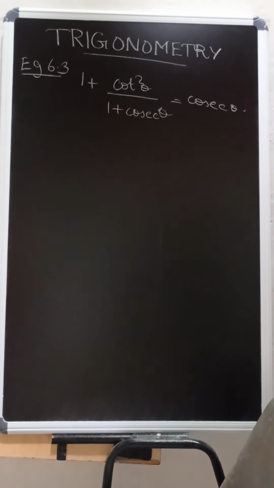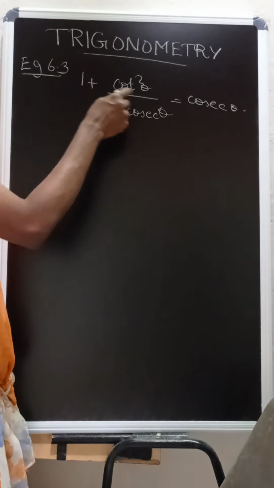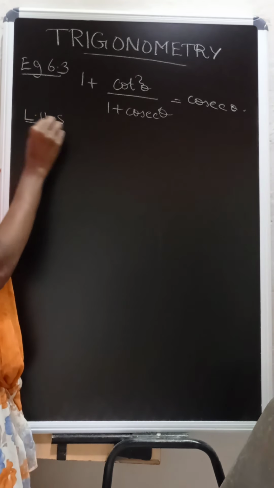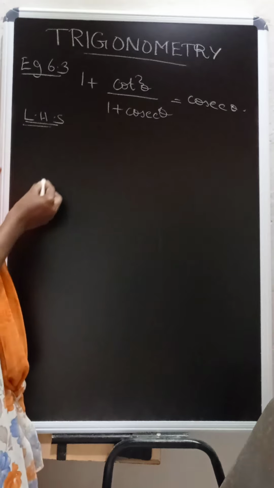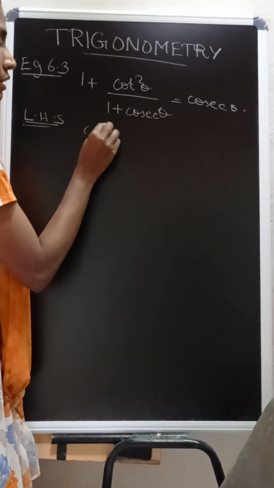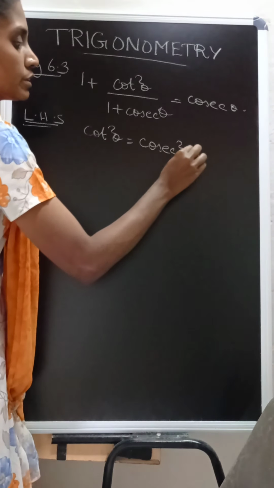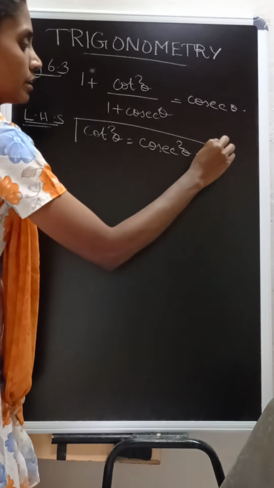Next, example number 6.3. Prove that 1 plus cot square theta by 1 plus cosecant theta is equal to cosecant theta. So here in the first step, we will take our LHS. Instead of cot square theta, you can use the identity cot square theta is equal to cosecant square theta minus 1.